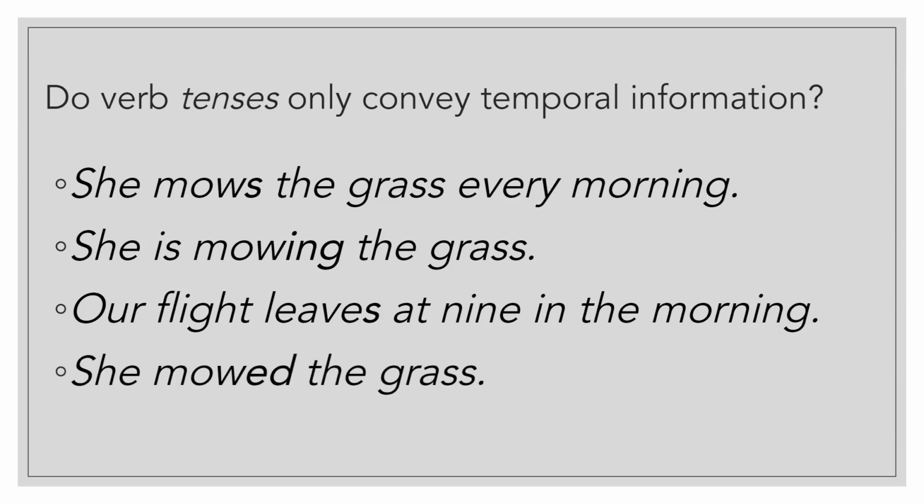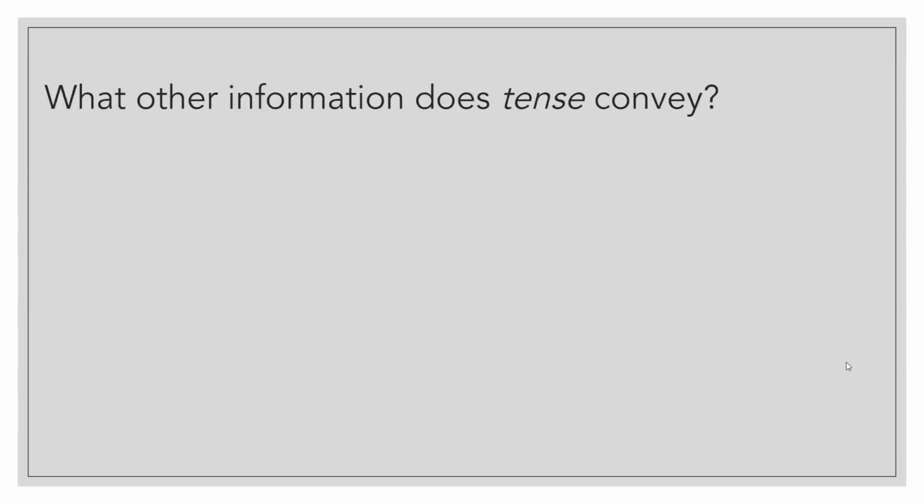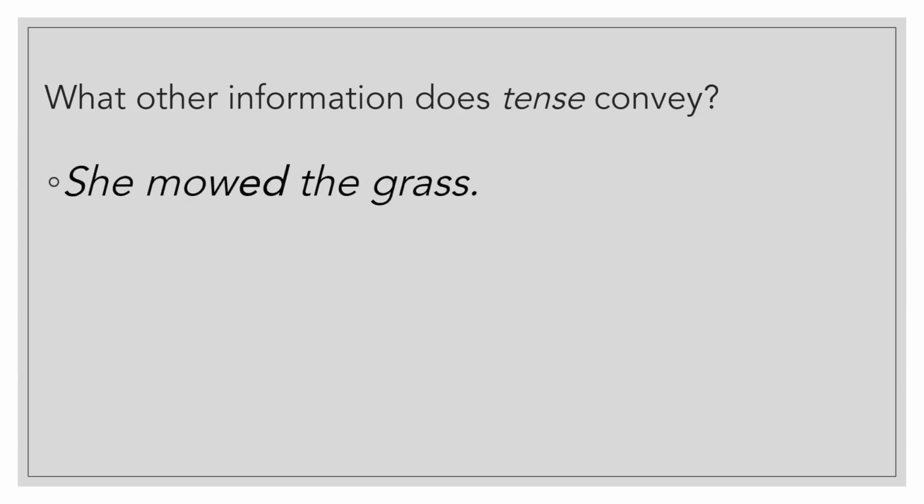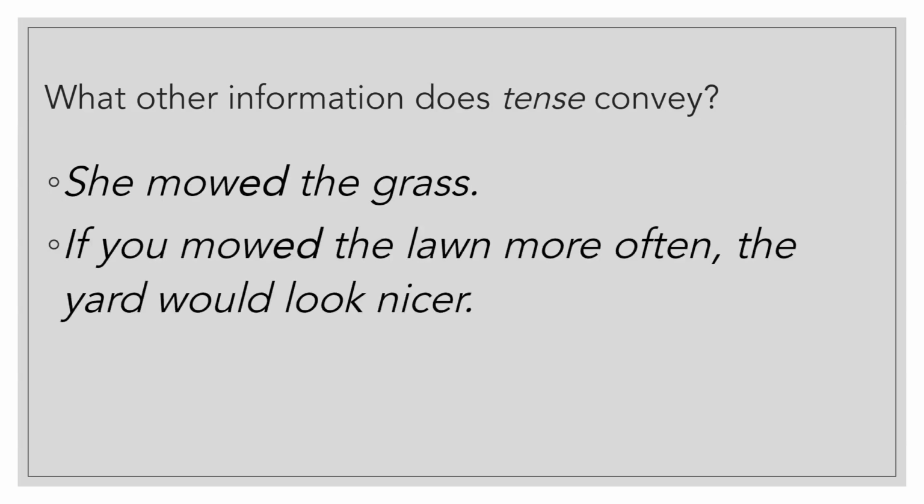Adding ed gives me past tense. She already mowed the grass. What other information does tense convey? So I have this idea that it's present, or it's a habit or routine. It's ongoing. It's current. So again, past tense, done, completed.